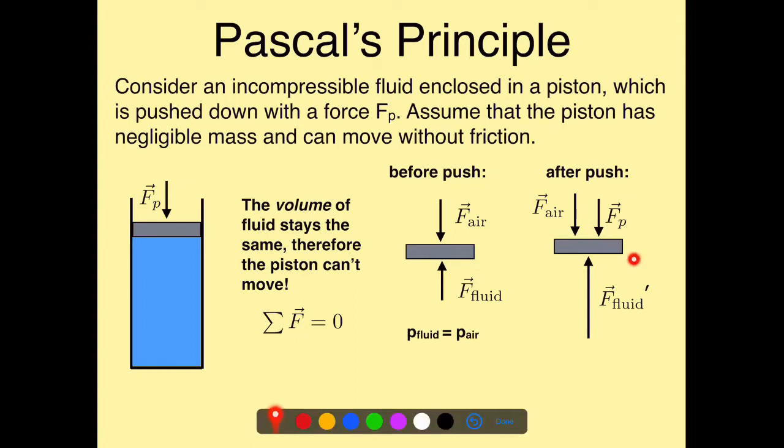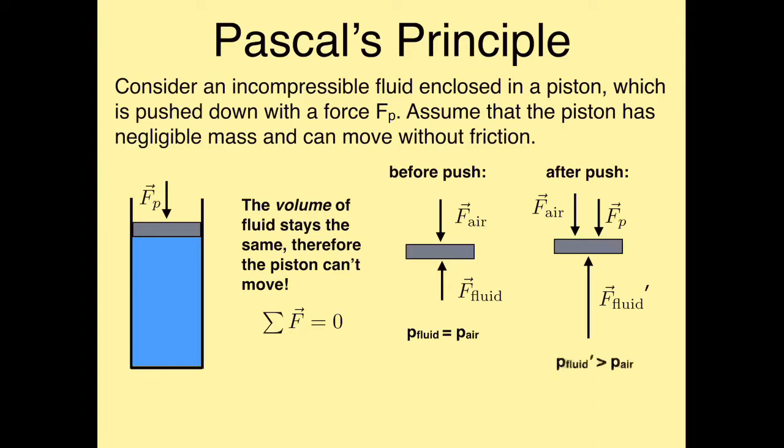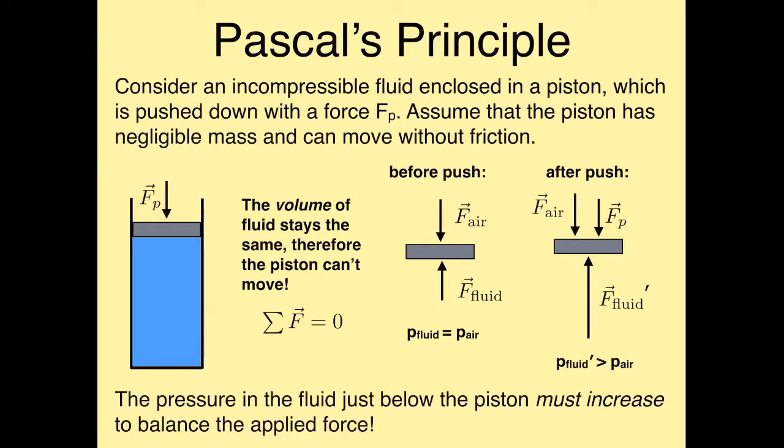I'm going to have to increase the force from the fluid to balance that out. So now the pressure in the fluid is greater than the pressure of the air above. So effectively what I've done by pushing down on the piston is I've increased the pressure in the fluid. So that's the idea. The pressure in the fluid must increase to balance out the applied force.